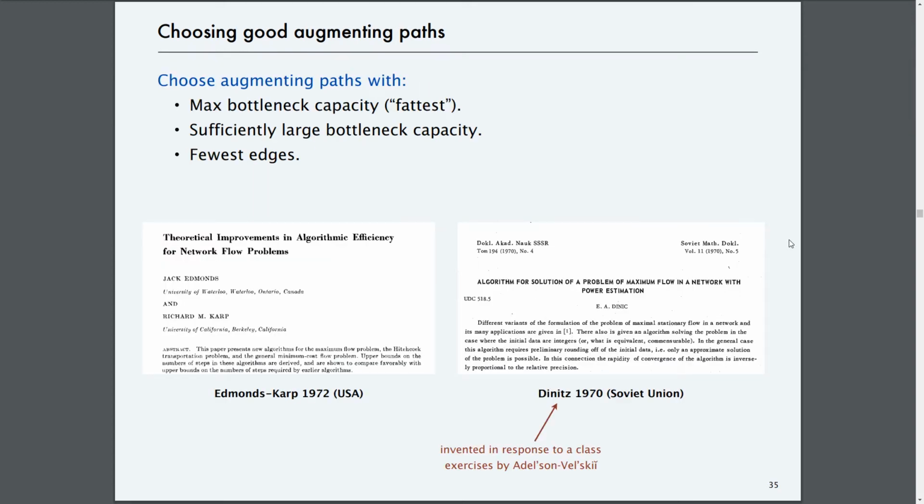So we'll do something which is selecting the fattest path. That means the max bottleneck capacity. There's also just choosing a sufficiently large bottleneck capacity, and then as well the fewest edges.